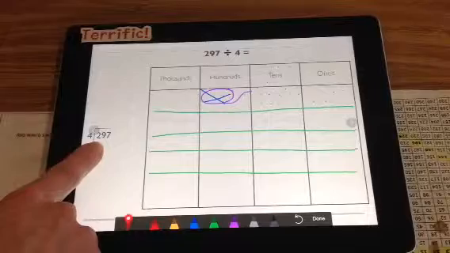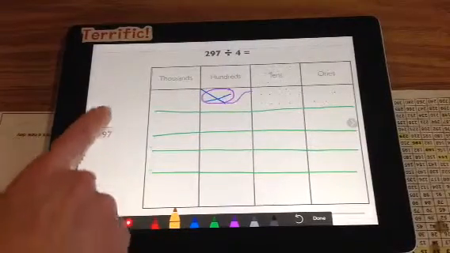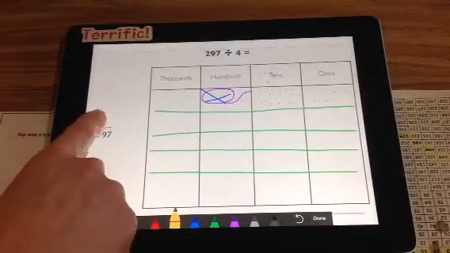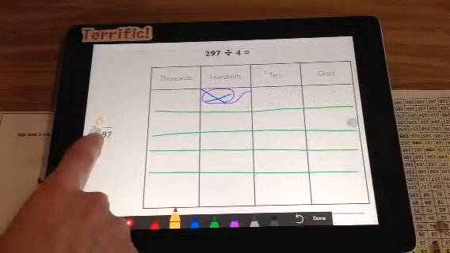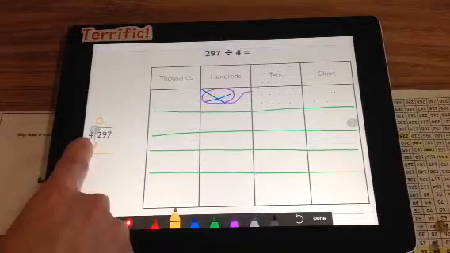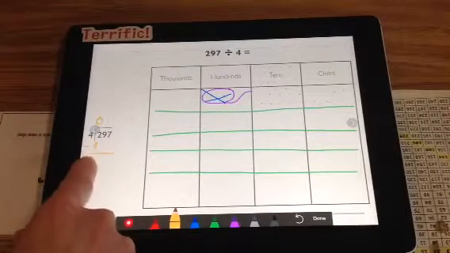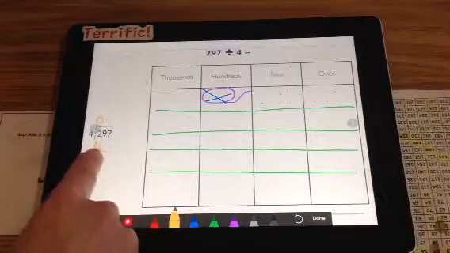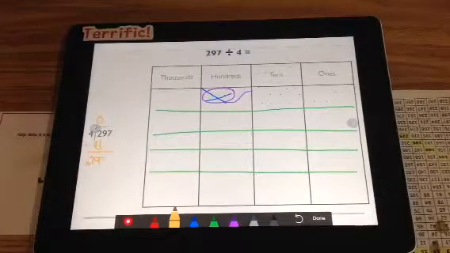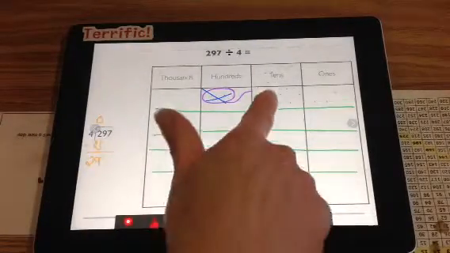It doesn't work. So we're actually going to say that 0 went into 4 groups. So 0 times 4 is 0. If I subtract them, I still have 2 hundreds, which I unbundled and added to my 9 tens. So now I have 29 tens, which is what I have over here.